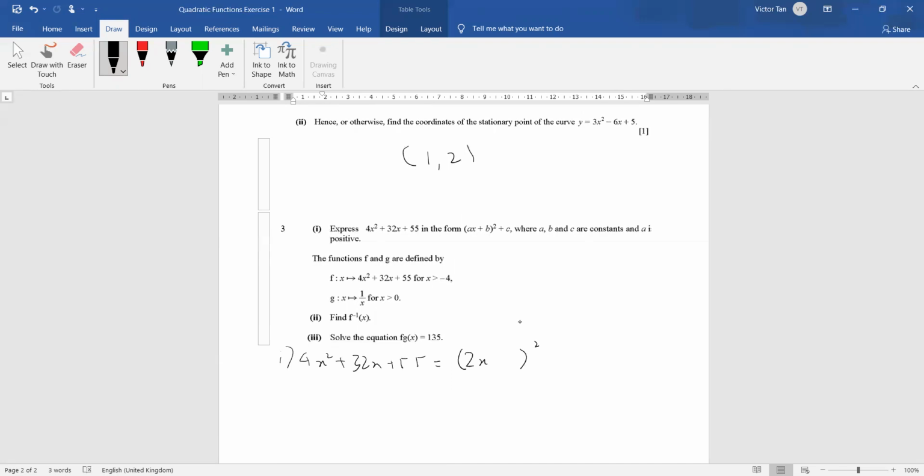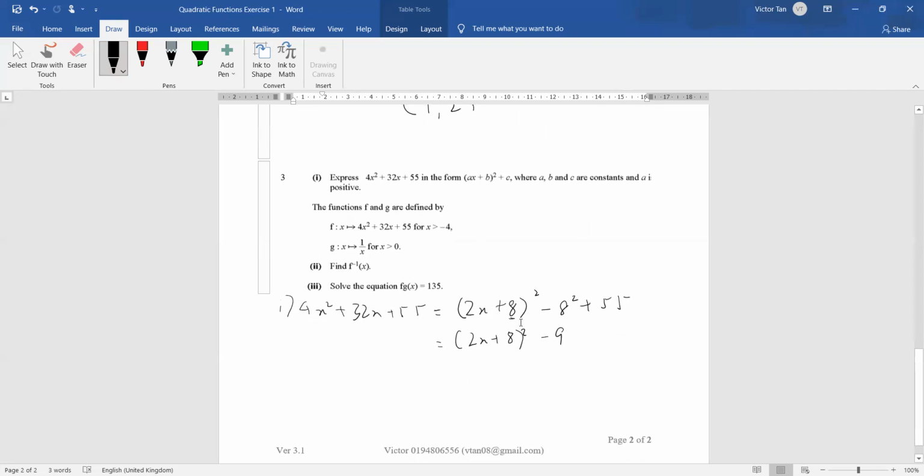Okay, so half of 32 is 16. And because this is 2x, you need to half again. So it's 8. Minus 8 squared plus 55. Okay, same thing, minus this number squared. So the answer will be (2x plus 8) squared minus 64 plus 55, which is minus 9. So there we have it.